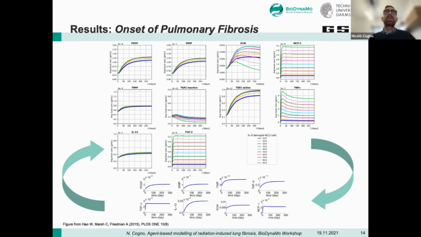So this leads to a decrease, you can see here, in the final concentration of the extracellular matrix. Lower concentration of extracellular matrix is normally associated with lower fibrosis grade, and we know that this is not true, but it's still interesting to see what happens, as this was not reproduced in the laboratory.